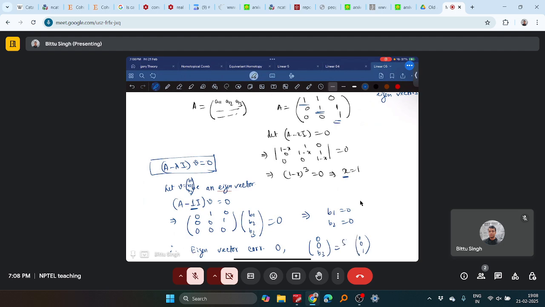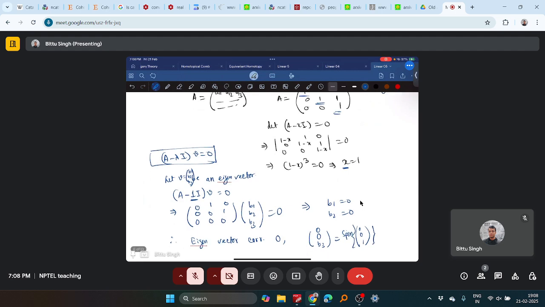The linear span of this vector: 0, 0, v3, where v3 belongs to the field. In this case the field is R, or whatever field is given.